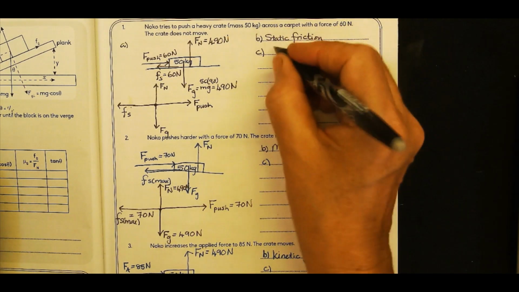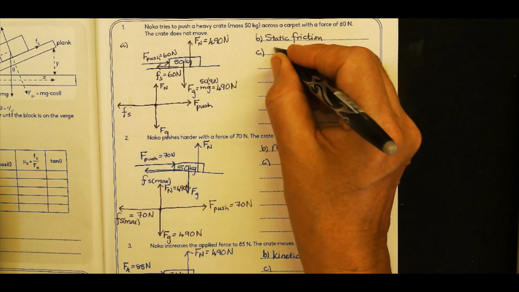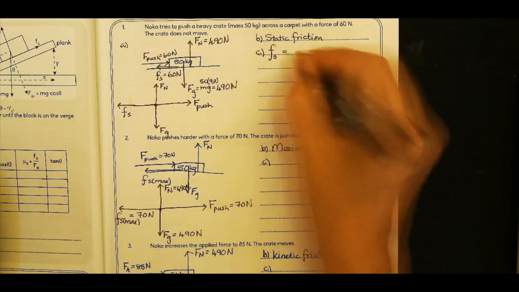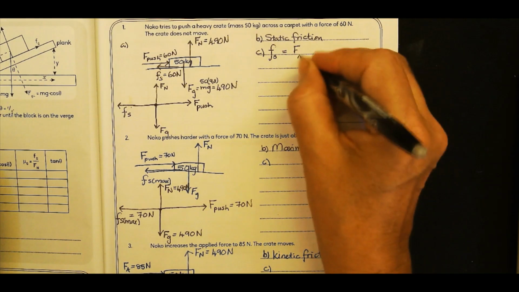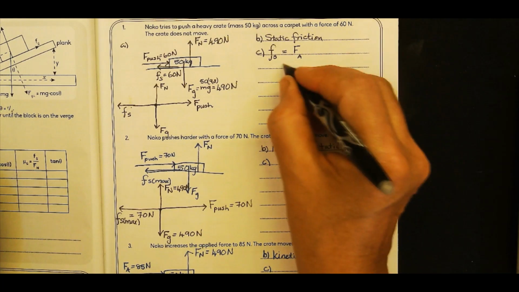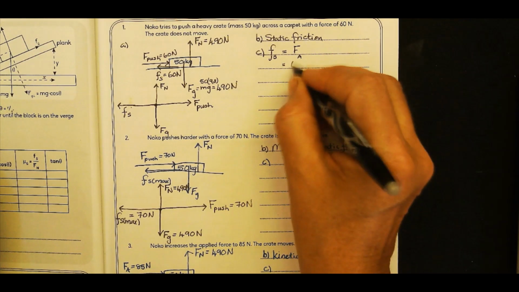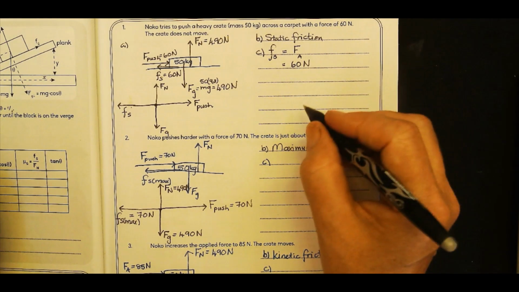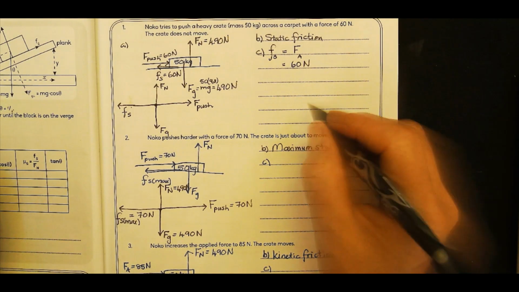While the crate does not move, the static friction equals the applied force. It will just be in the opposite direction. So the value of the applied force is 60 newtons, therefore the value of the static friction is 60 newtons.